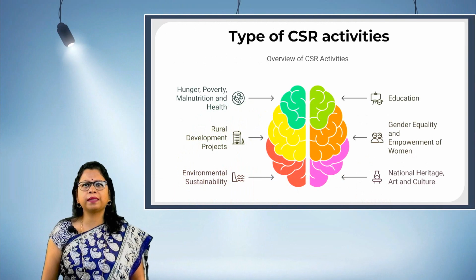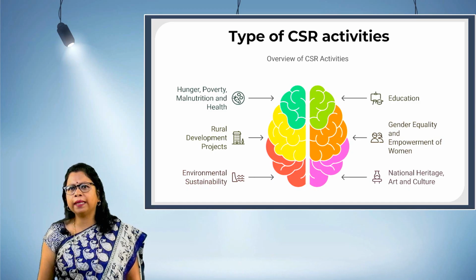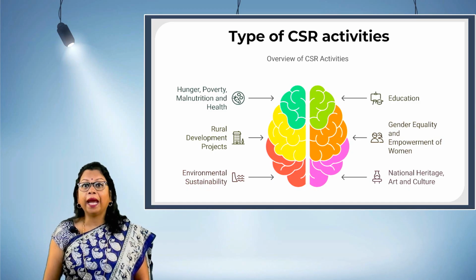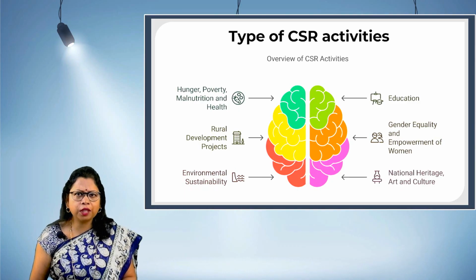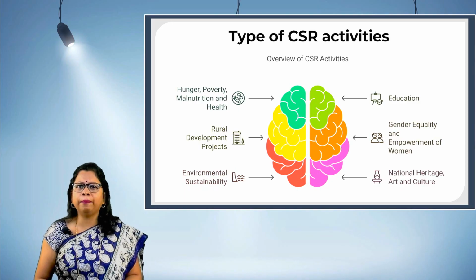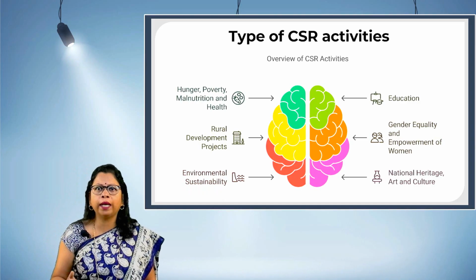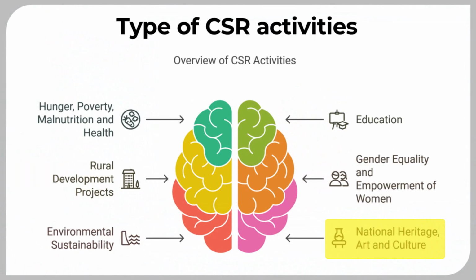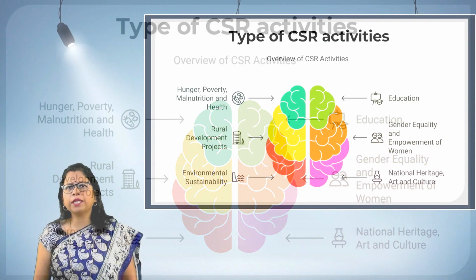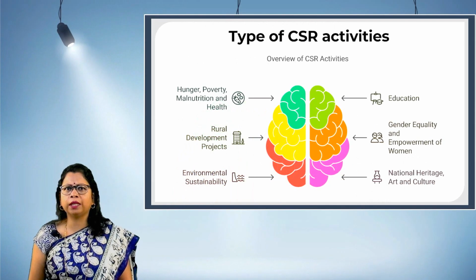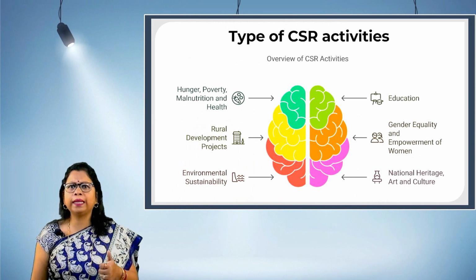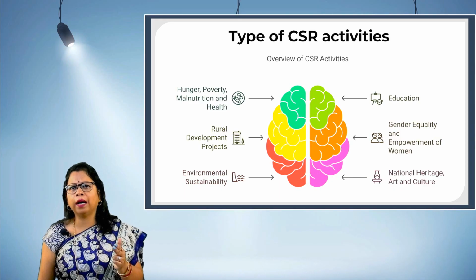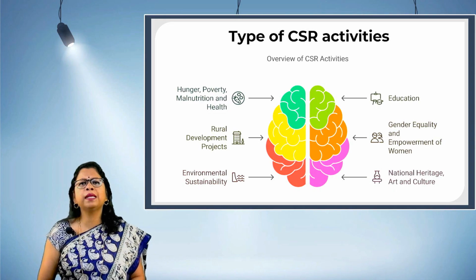Ensuring environmental sustainability, ecological balance, protection of flora and fauna, animal welfare, agroforestry, conservation of natural resources, and maintaining the quality of soil, air, and water. National heritage, art and culture. Protecting national heritage, art and culture, including the restoration of buildings, sites of historical importance, and works of art, setting up public libraries, and so on.